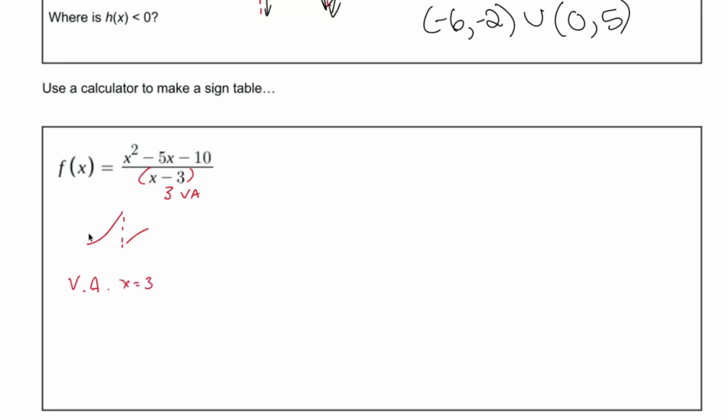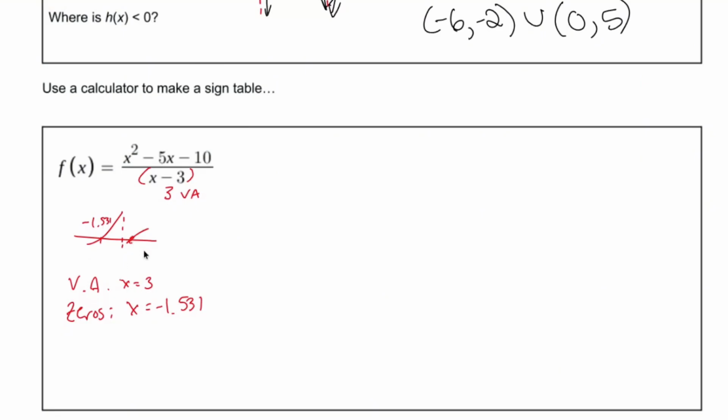No holes. This crossed... I know I'm not going to make it look like a good job. This had zeros at x equals negative 1.531, so negative 1.531 right there.